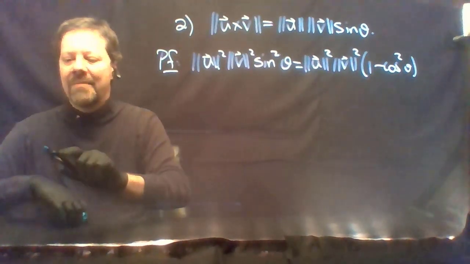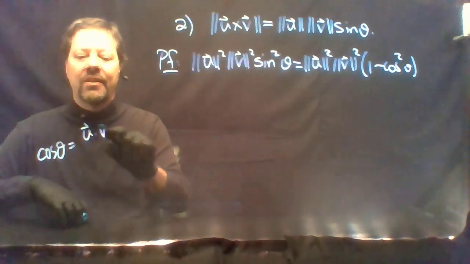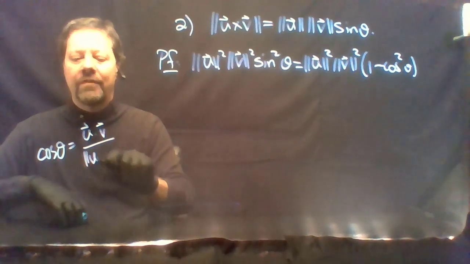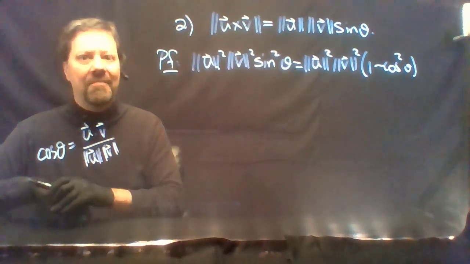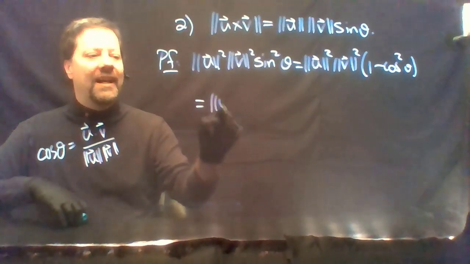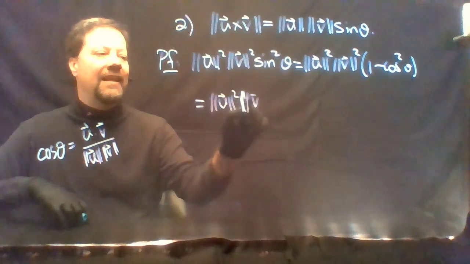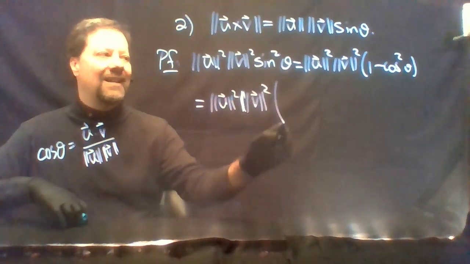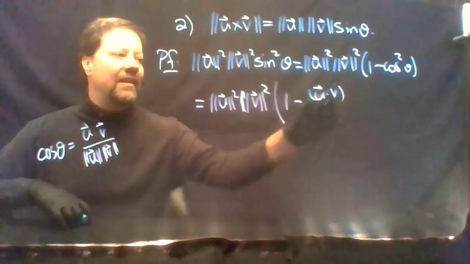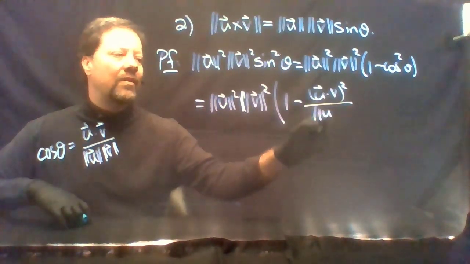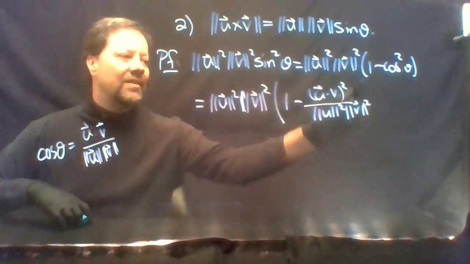Now, remember that cosine theta is u dot v over norm u norm v. So we are going to have norm u squared norm v squared times the quantity 1 minus u dot v squared over norm u squared norm v squared.